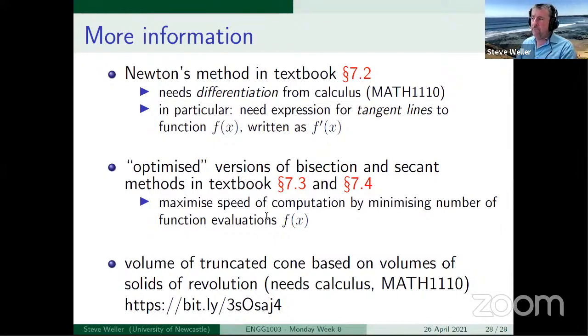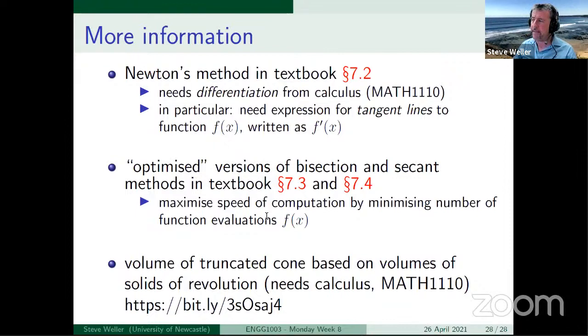They're also a little bit more complicated than the ones I've presented here in today's lecture. They're more complicated because they set about restructuring the code in such a way that it minimizes the number of function evaluations.